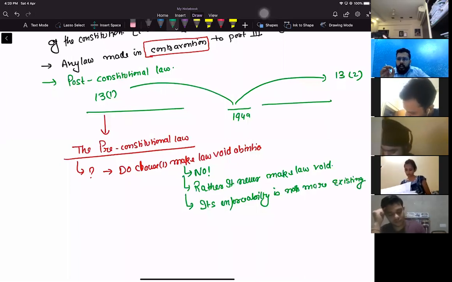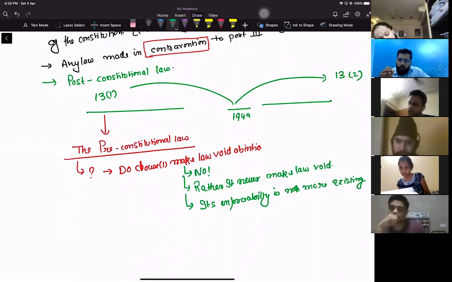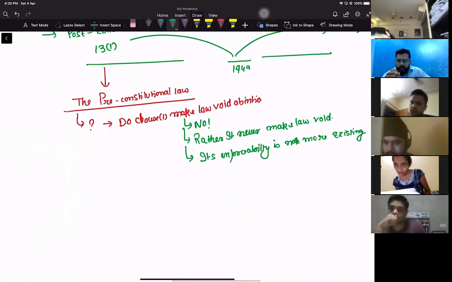देखिएगा, clause 1 के अंदर they are using the word void, but this void does not mean void ab initio. Rather, this void means it is not enforceable from the date of the constitution. So for example, let us take up one example.